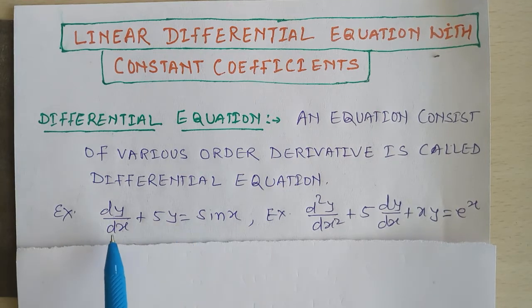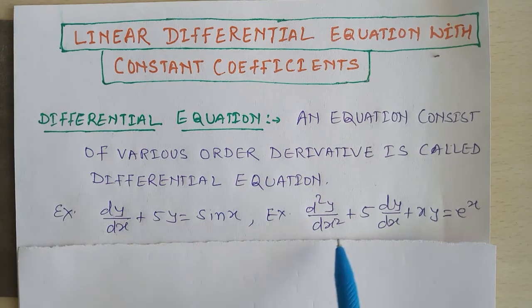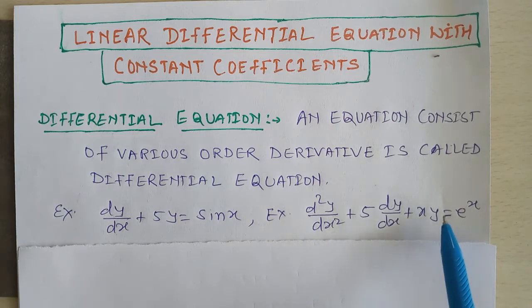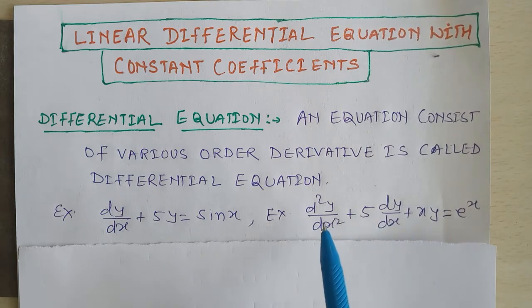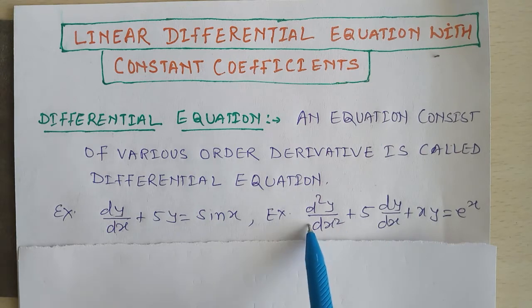Further, it contains a first order derivative dy by dx, therefore it is a differential equation. Similarly, this expression contains the sign of equal to, therefore it is an equation, and further it contains first order and second order derivatives, therefore this expression is a differential equation of second order.